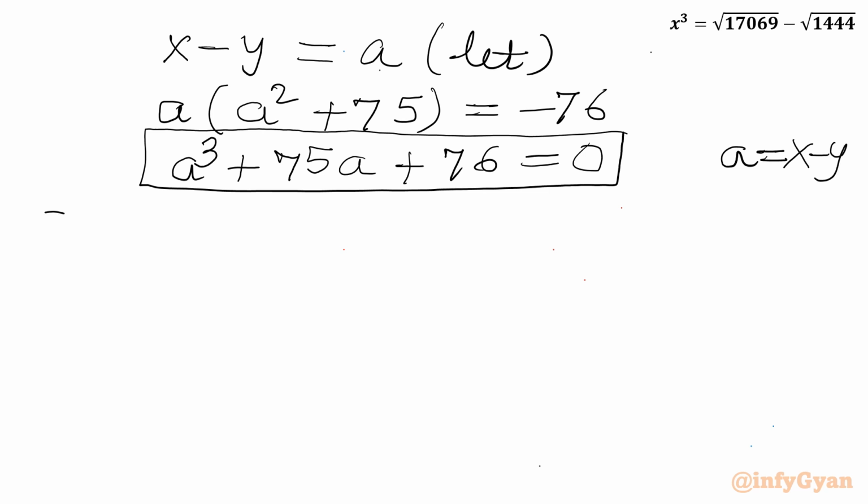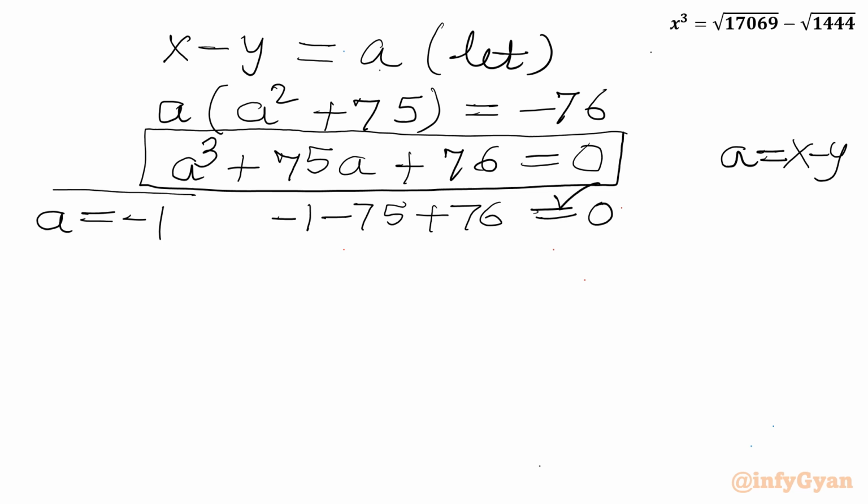Now I can see if I plug in A equal to negative 1 directly, then I will get minus 1 minus 75 plus 76. So this is providing us right hand side 0. That means A equal to minus 1 is one solution to this cubic equation.